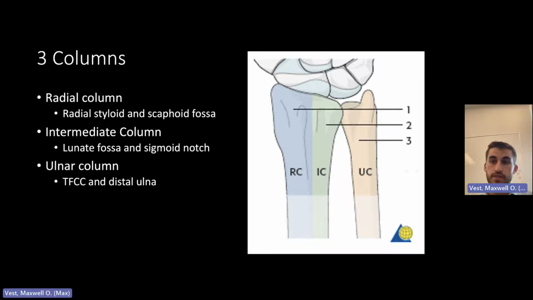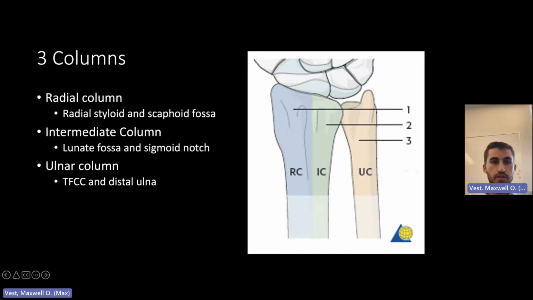There's different ways to think about the distal radius and fractures, but a simple way to think about these fractures, particularly when treating them, is to think about a column approach. And there's three main columns you want to think of.